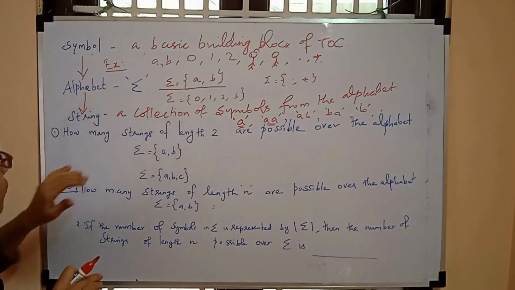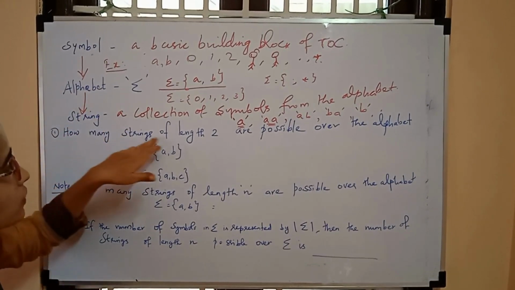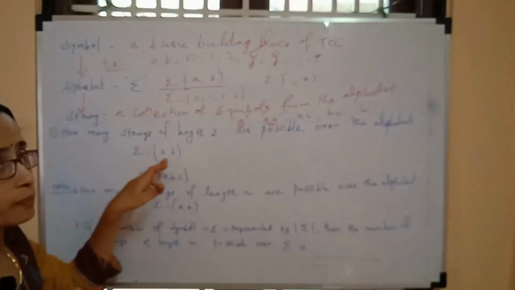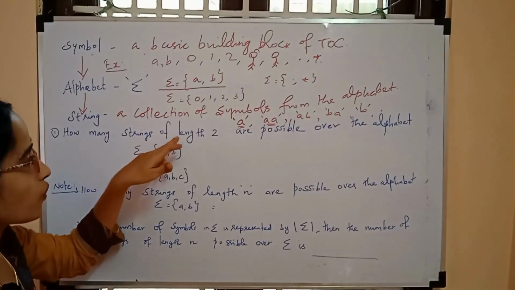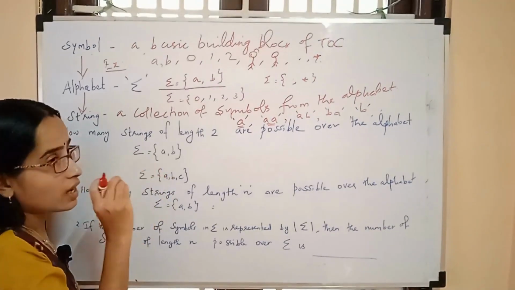Now we have one more question here. How many strings of length 2 are possible over the alphabet sigma equals A comma B? Just read out the question. How many strings of length 2? You have to form these strings, and they are asking for the count.